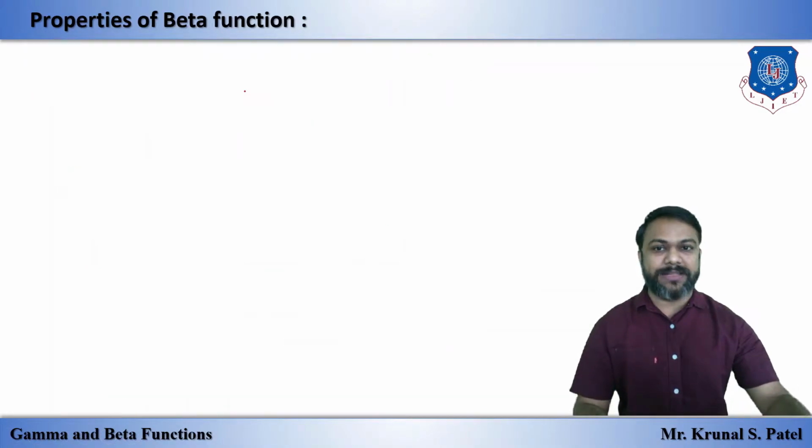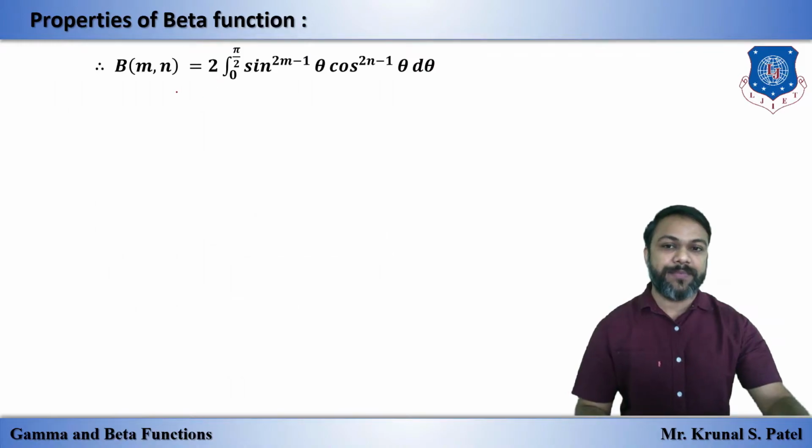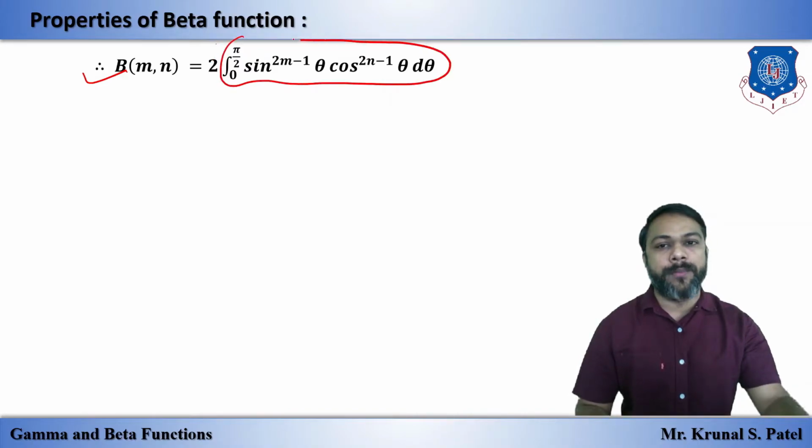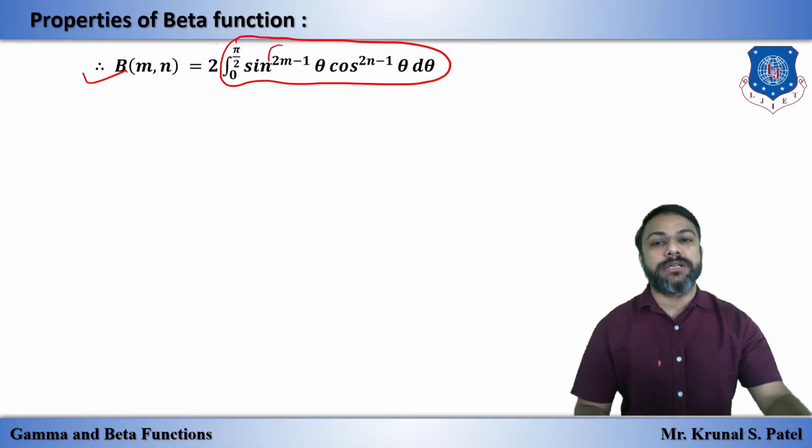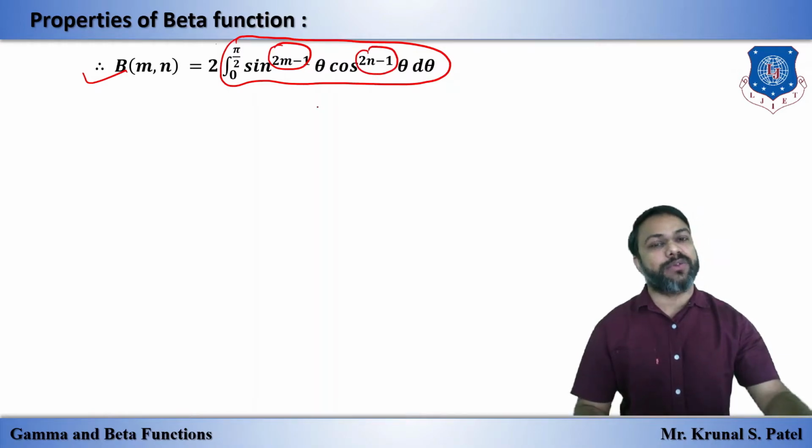To understand this, we have this concept. First write down this formula. Whenever you get this form, you have to suppose 2m minus 1 is equal to whatever power we have, and 2n minus 1 is equal to whatever we have.